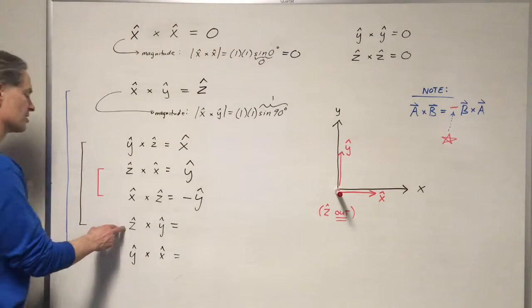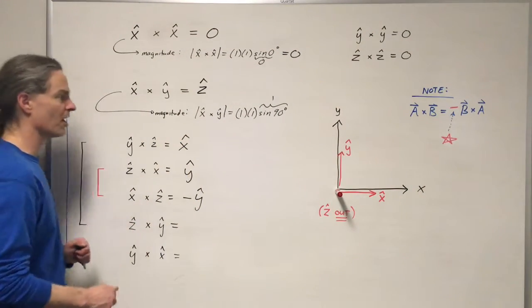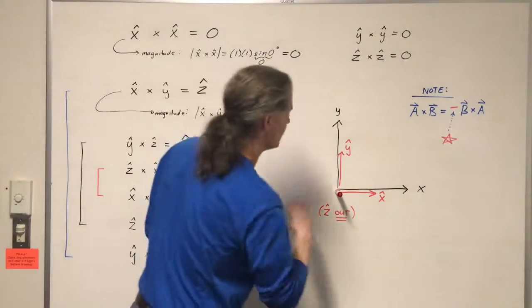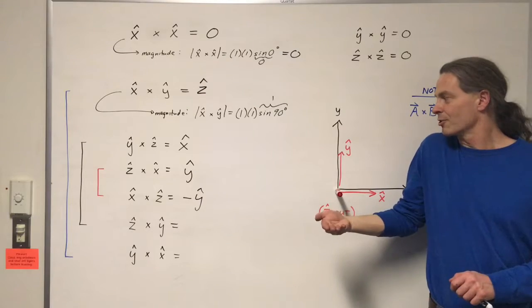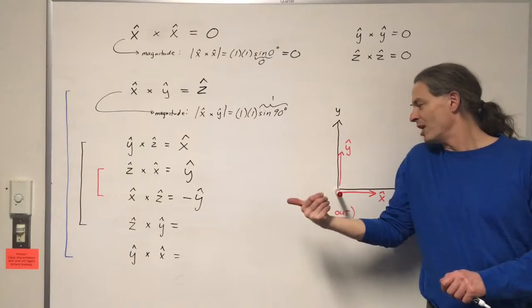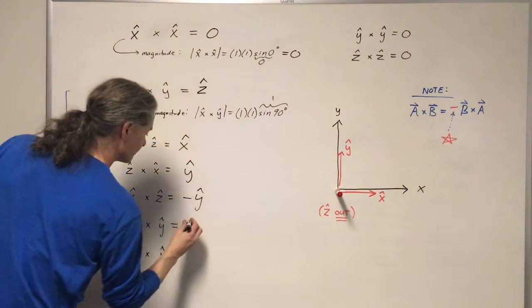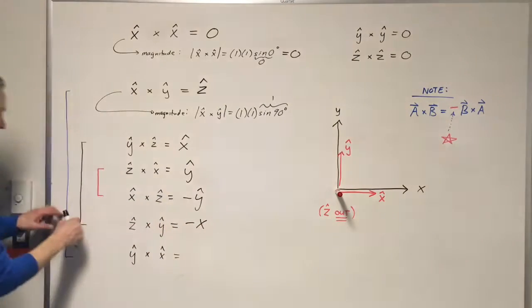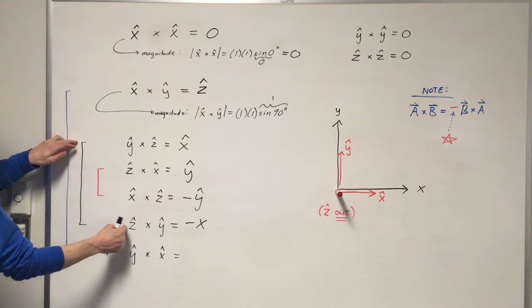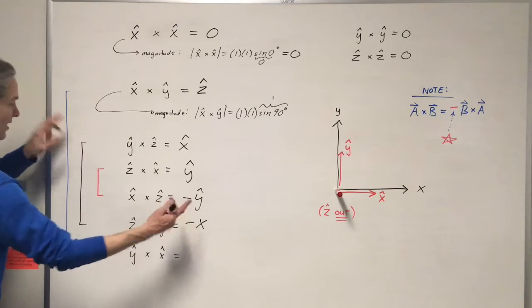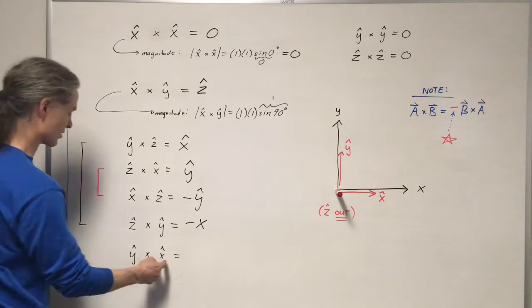Alright, let's work out z hat cross y hat. Z hat cross y hat gives me minus x hat. We can check that up here. Y hat cross z hat gave me x hat. Z hat cross y hat gives me minus x hat. That works out. Let's work this one out.